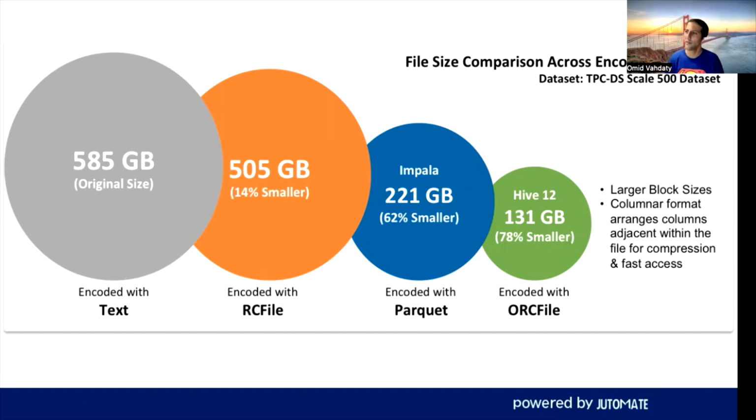So one would ask, what about the compute? Storage is clear. What about the processing time? Because you need to decompress and compress: decompress to open the file, process it, and compress back when you write back to S3.